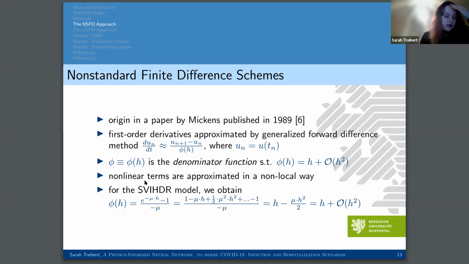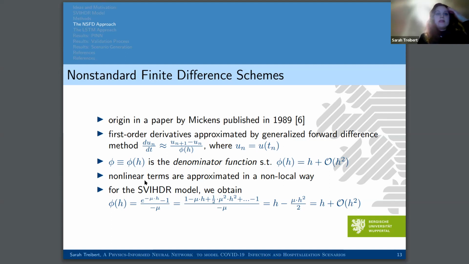And there is another definition saying that nonlinear terms are approximated in a so-called non-local way, where this non-local approximation comes from the fact that the approximation of a given function f is not only given at one point xk, by f of xk, but can depend on more points.